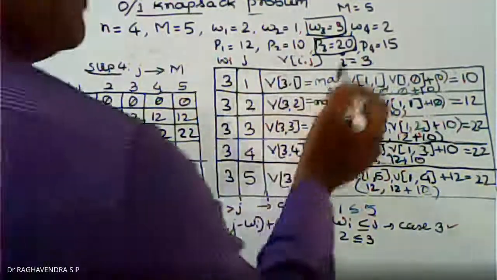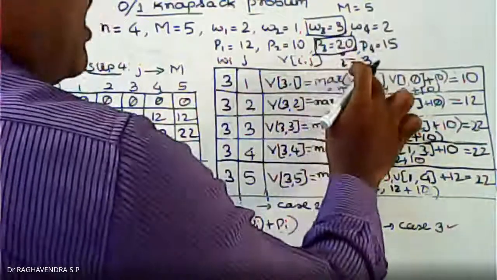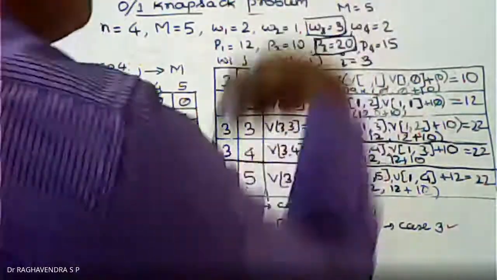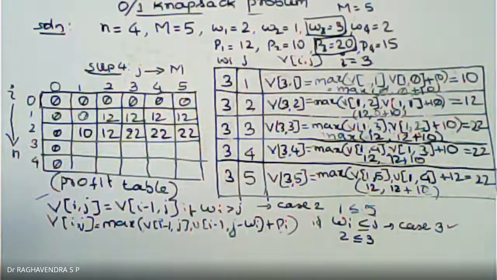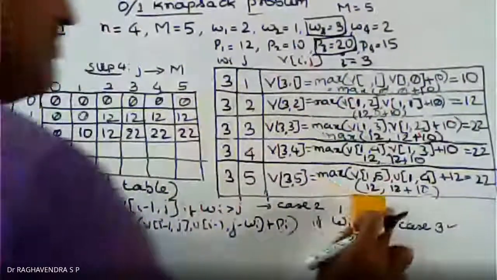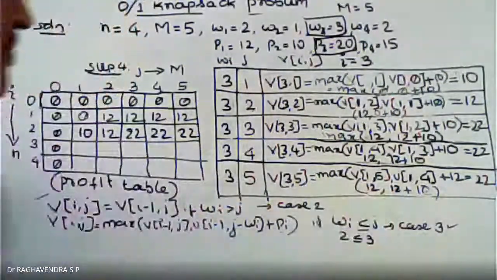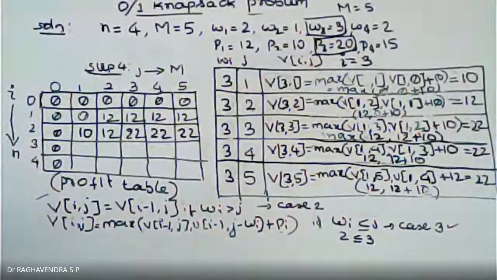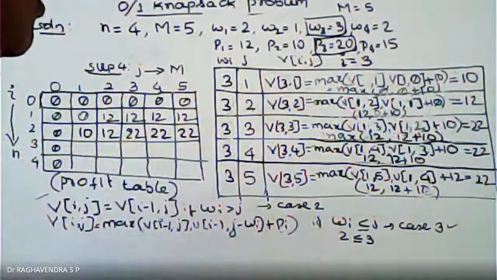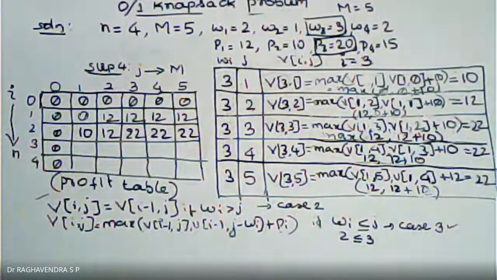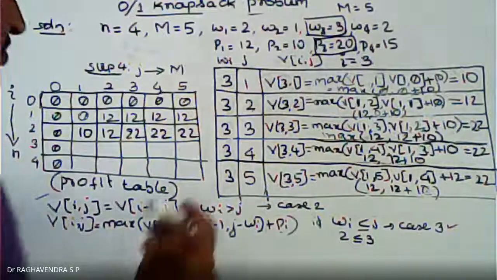So 3 comma 1 is equal to max of V of, once again, Wi is there and J is there. So which category does it fit, case 2 or case 3? Wi is 3 and J is 1. Is 3 greater than 1, or is 3 less than or equal to 1?